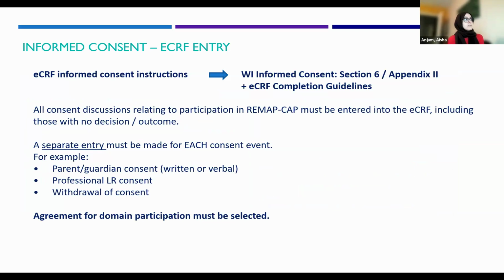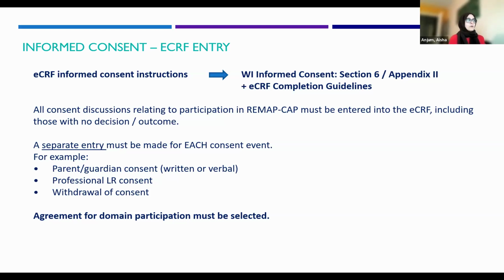So just looking at the ECRF entry, we have instructions on how to complete the various forms through the ECRF completion guidelines. And then more specifically, we have a work instruction for informed consent with the appendix that I mentioned earlier. A separate entry must be entered on the ECRF for each consent event.